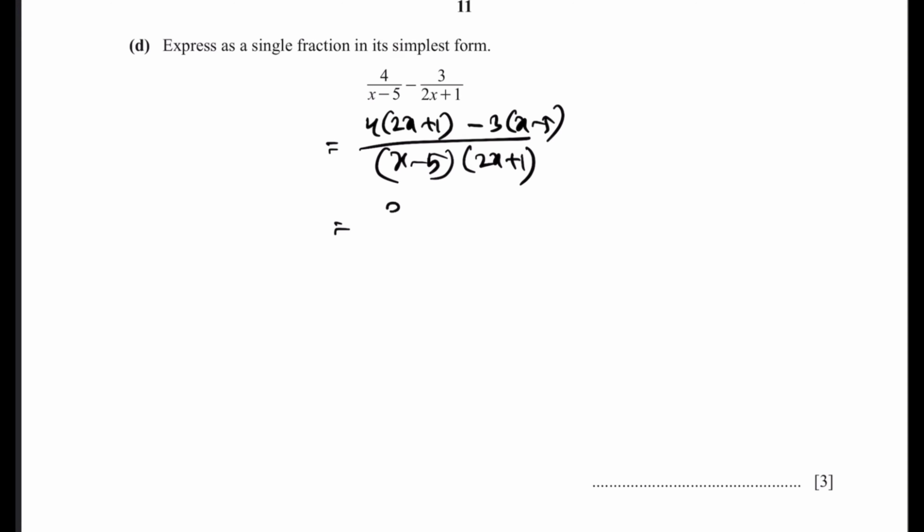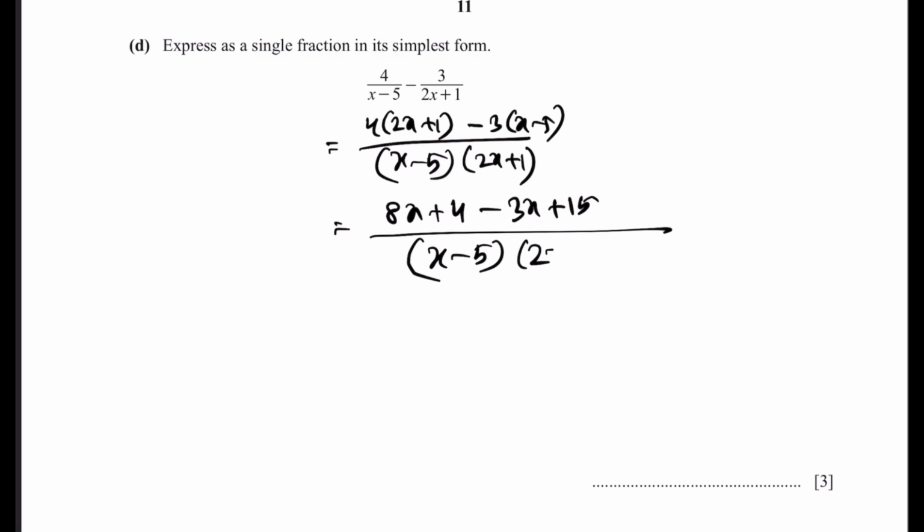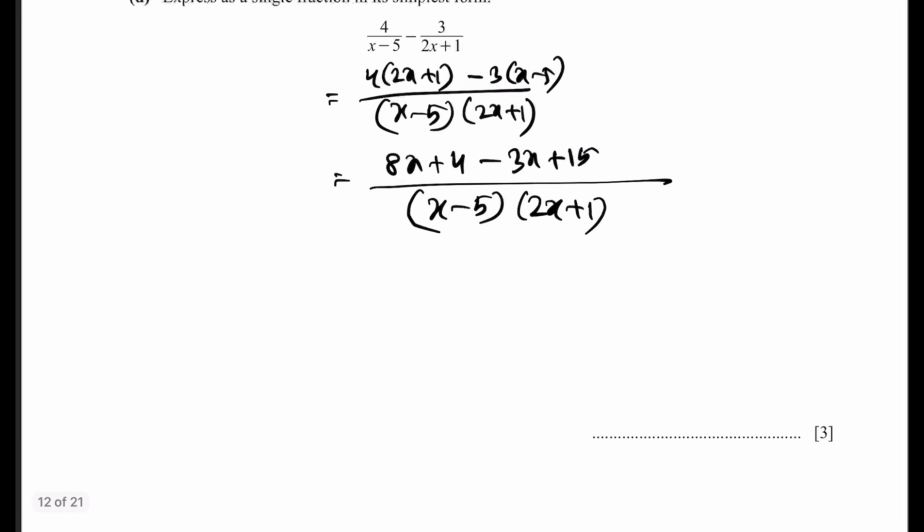So moving the bracket, it is 8x plus 4 minus 3x plus 15. So x minus 5, and then keep the denominator same. So let me write the final answer here: 5x plus 19 divided by x minus 5.